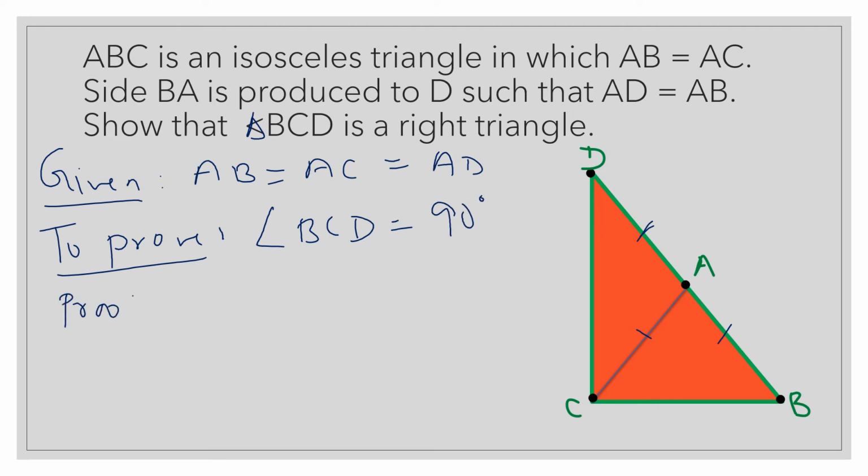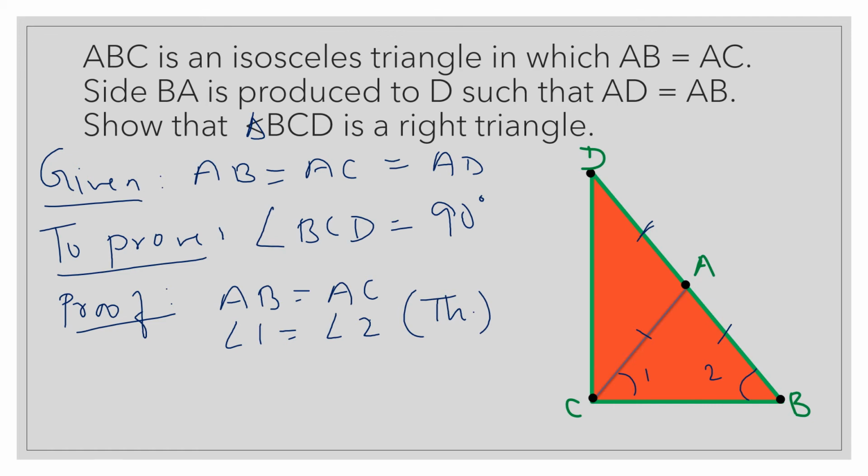Let us prove this. For our convenience, mark it by 1 and 2. Mark angle ACB as 1 and angle ABC is equal to 2. Since AB is equal to AC, can we write down angle 1 equals to angle 2? By the theorem, you must write down the statement of the theorem. When the sides are equal, their opposite angles are equal. Angles opposite to equal sides are equal.